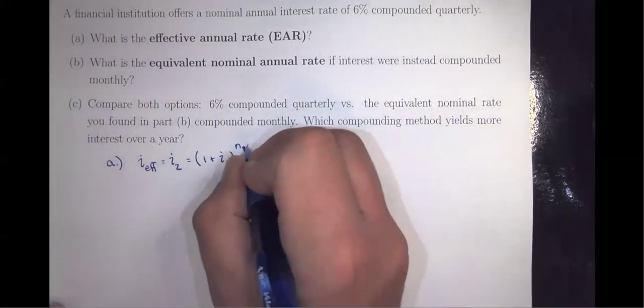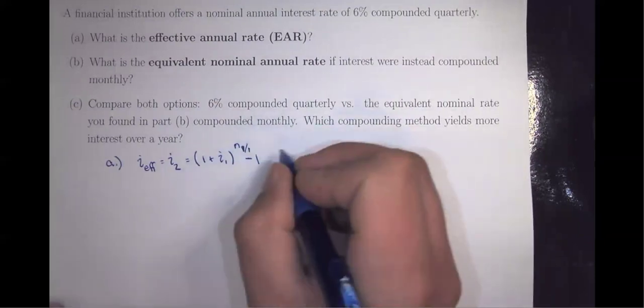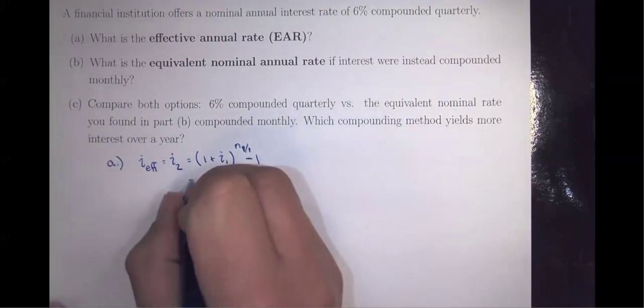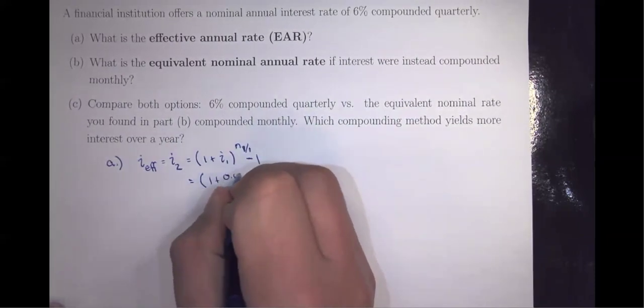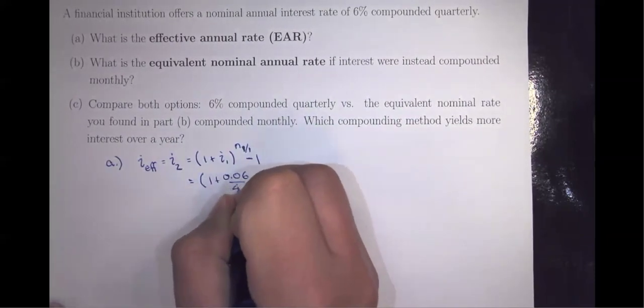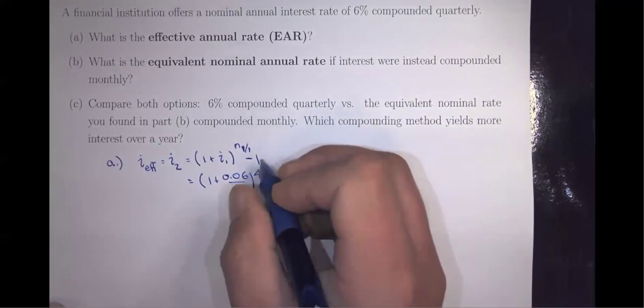So it's really N1 divided by 1 in this case. So we get 1 plus 0.06 divided by quarterly, to the power of 4 over 1, which is just 4.